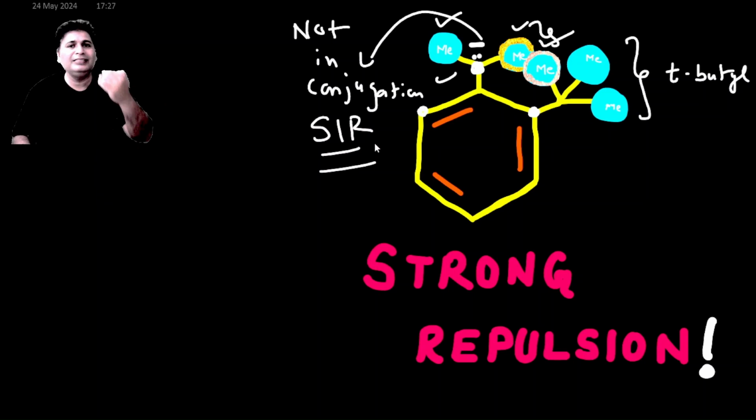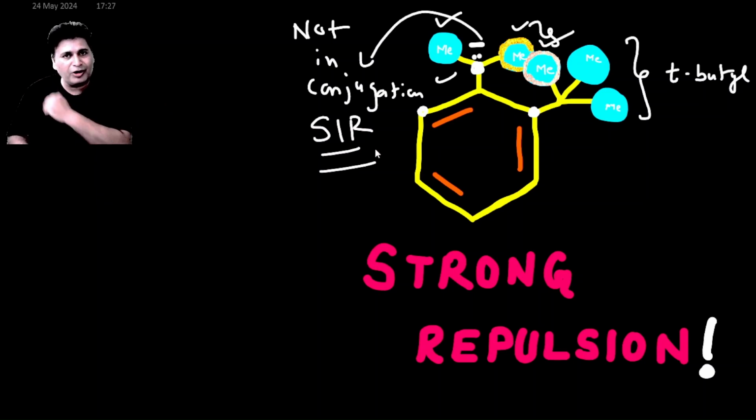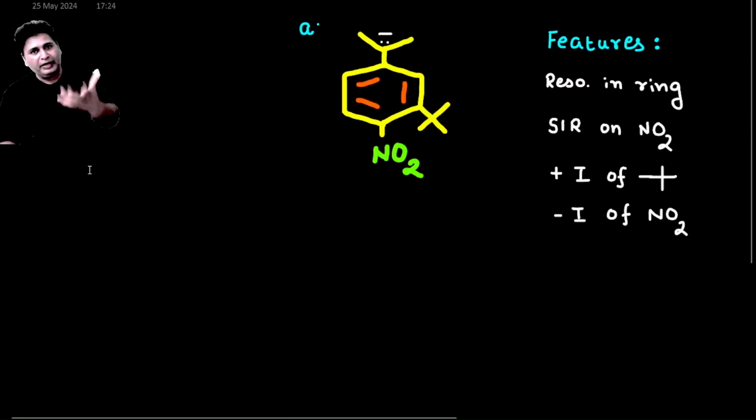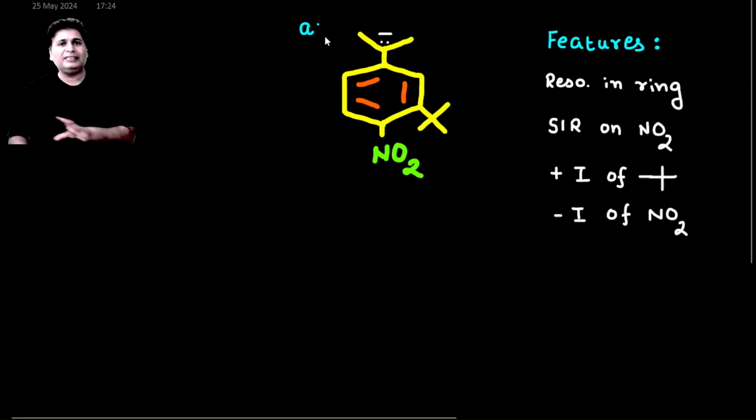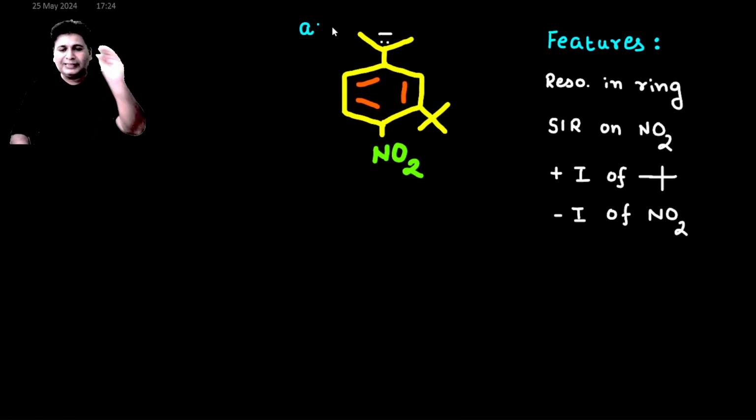So delocalization through resonance will not happen because of steric inhibition of resonance. Now after looking at this, again we will analyze A. So after dealing with all the nuances, all the fundamentals, basics, now let us try to analyze A one by one. This is a carbanion.